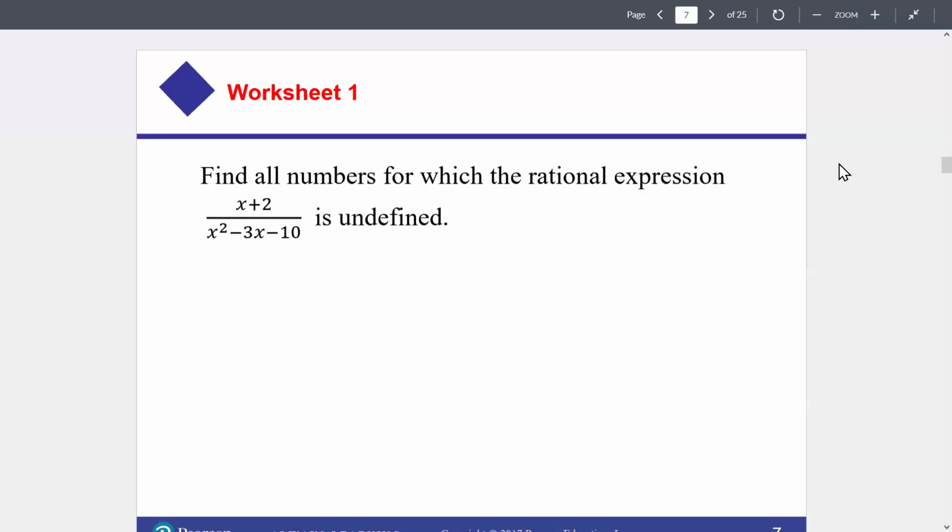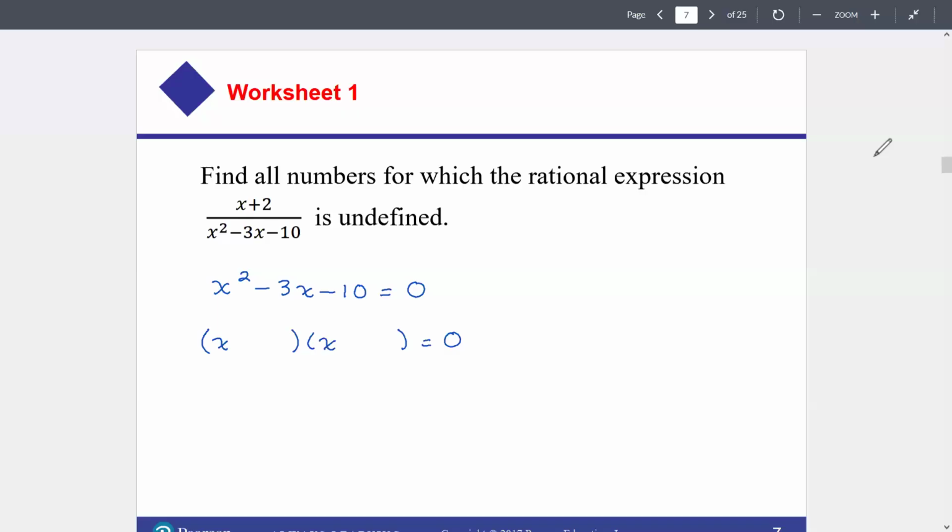Worksheet number 1: take a moment and try to figure out the domain of this rational expression, or where it is undefined. Like I said before, we're really just concerned where the denominator is equal to 0, so where x squared minus 3x minus 10 is equal to 0. We set that equal to 0 and then factor.